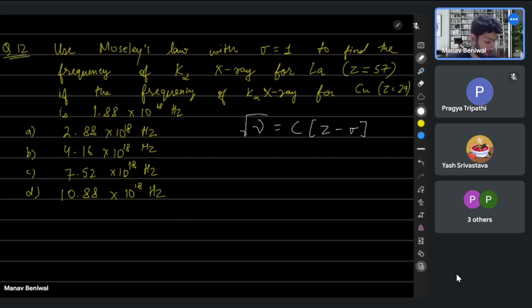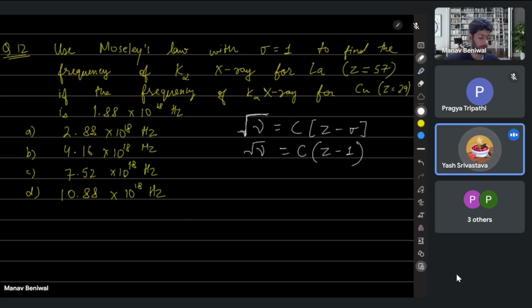Same thing, right? Yes, sir. Okay. So this is your Moseley's law formula. Now here sigma is already given to be 1. So let us rewrite this as C times Z minus 1. So option number C. Yes. Correct.